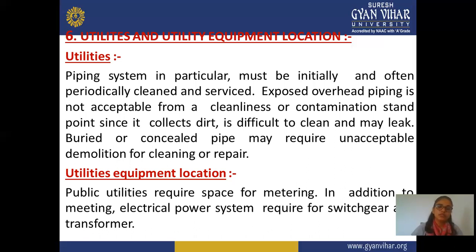Next, a public utility requires space for metering. In addition to metering, electric power requires switch gear and transformers. For proper installation of equipment and selection of the particular location, you can check the switch location for installing that equipment. The switch gear and equipment should not be too far apart, so it is easily handled, and you can switch on during the manufacturing.